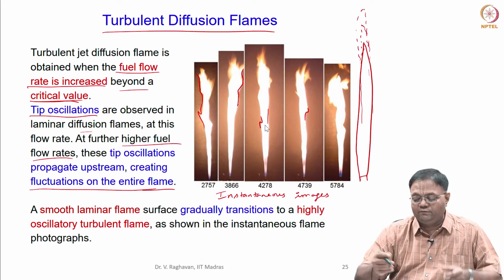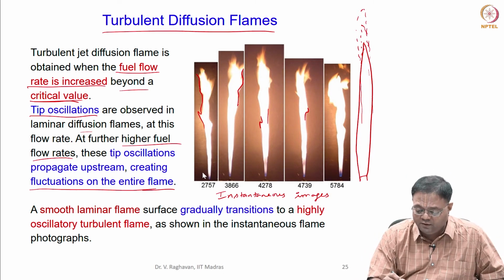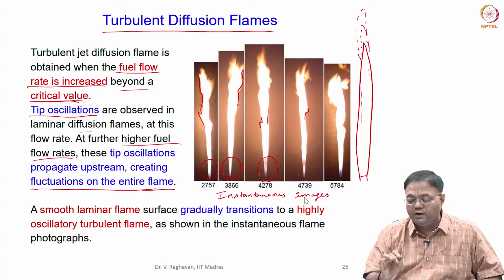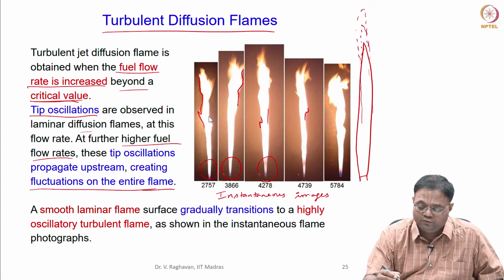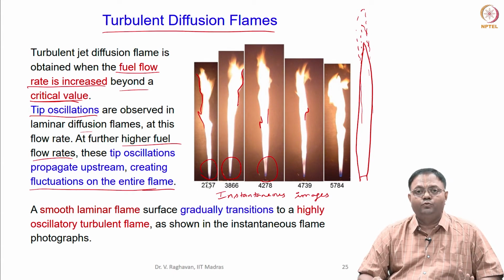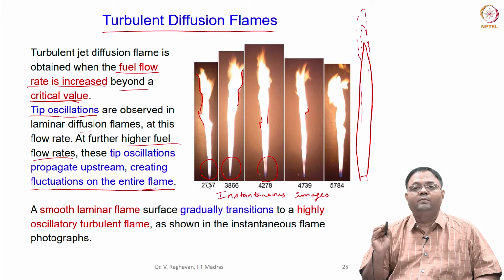Very near to the base it will not be fluctuating at all, but almost the entire length will be fluctuating. So, this is the turbulent regime.